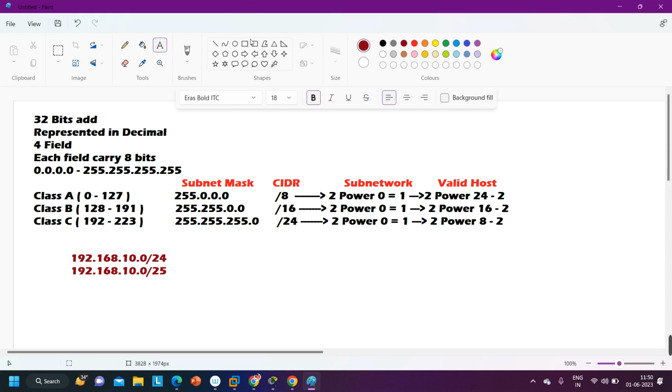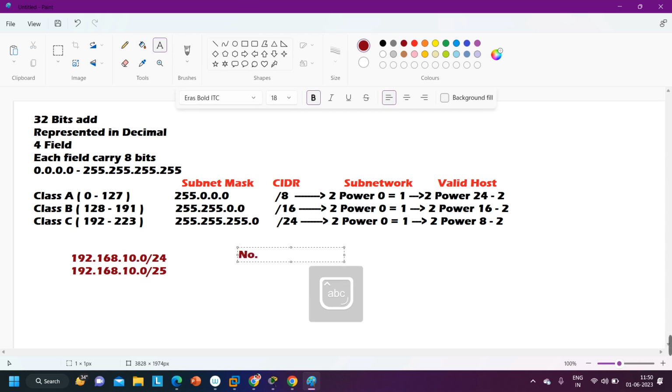See how we will find that. The formula is very simple. The formula to calculate the number of networks is: 2 to the power n should be equal to or greater than 4, because you need 4 networks.